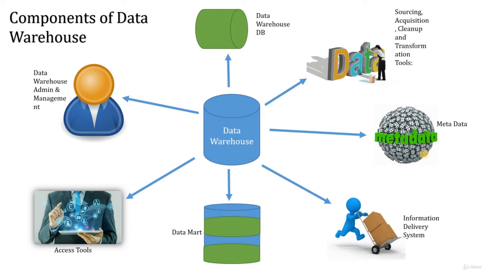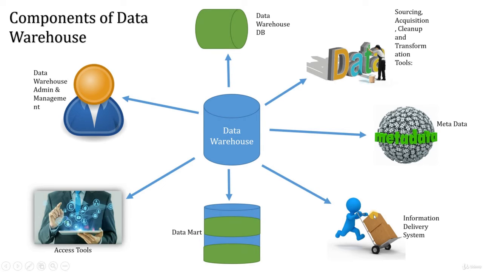We have a separate topic for metadata itself, so I'm going to restrict the information on metadata to this much, because metadata is a different topic and I have to explain a lot of things about it, which we're going to discuss in our subsequent topics.